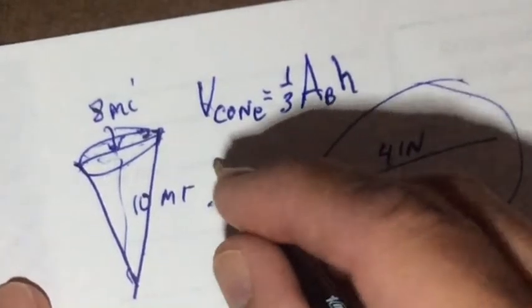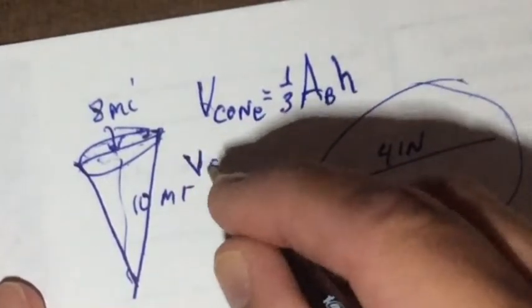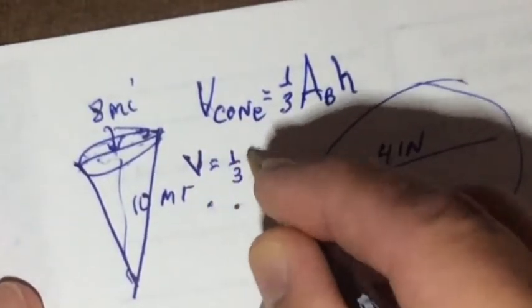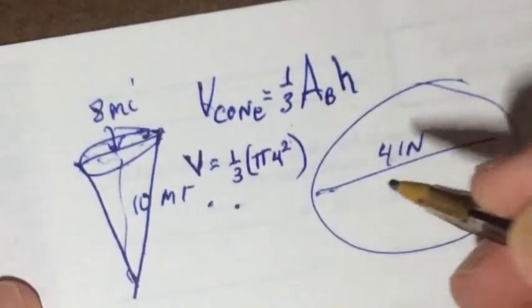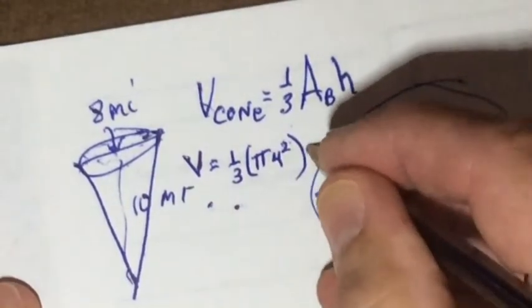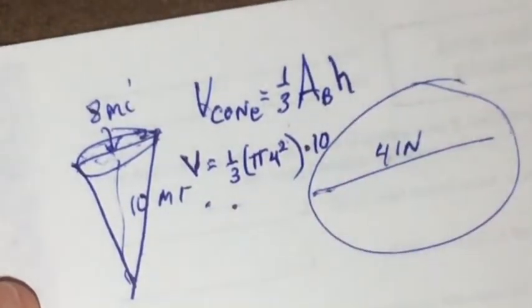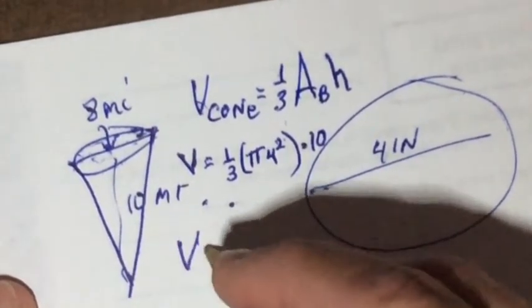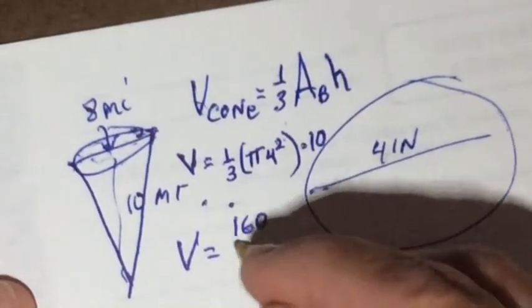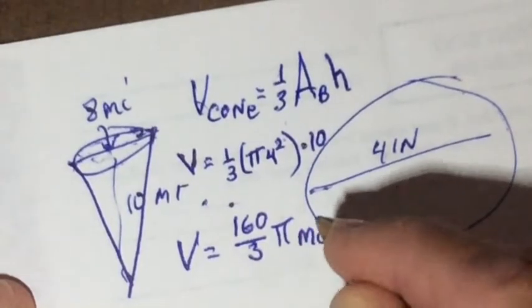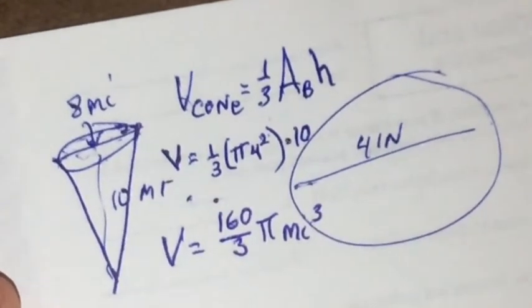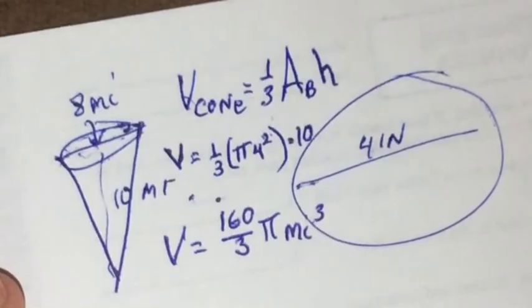So the volume is equal to 1/3 times pi r squared times the height. So the volume is 160 divided by 3 pi miles cubed. That's all you had to do.